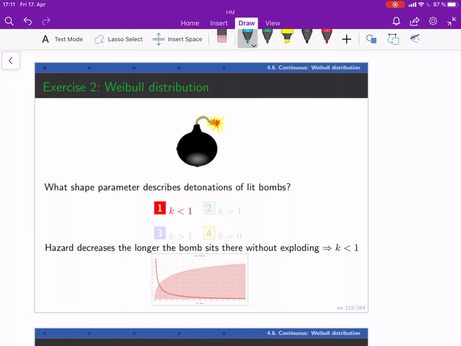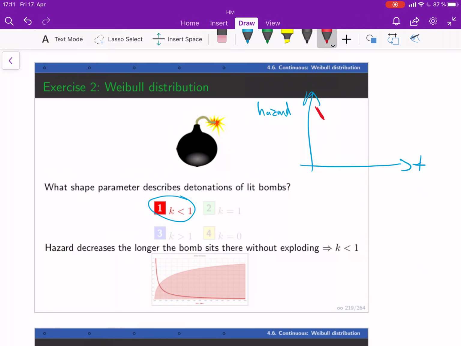My argument would be k smaller than 1, because I think the hazard is in the beginning the highest. You light it, and okay, maybe not for the first split second, because it can't go off the instant you light it, but if you think of time and hazard, then I think after you light it, the hazard is really high that it goes off.